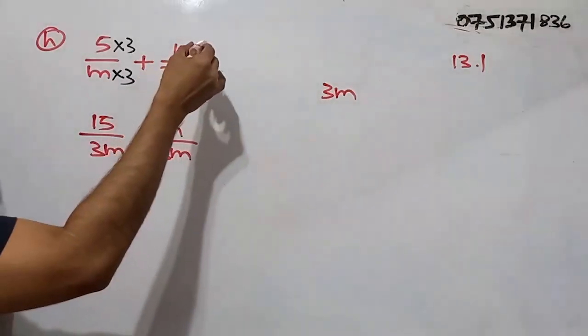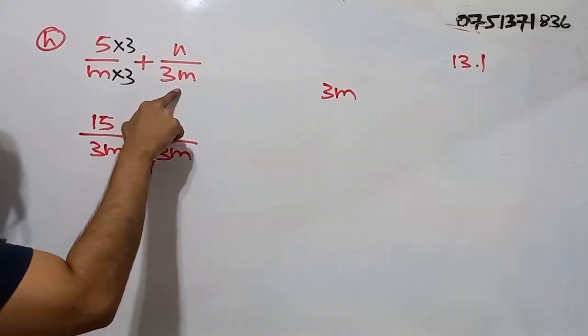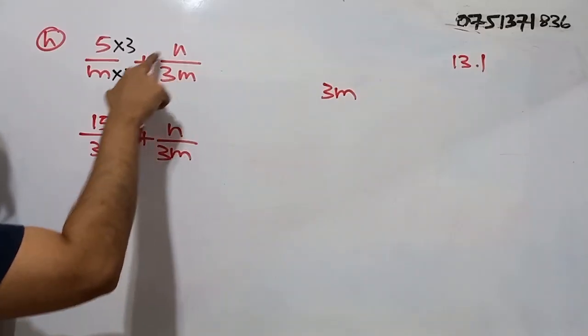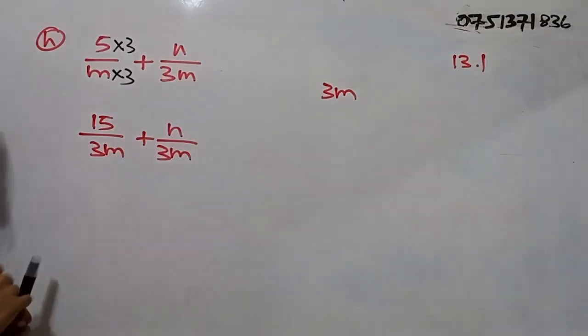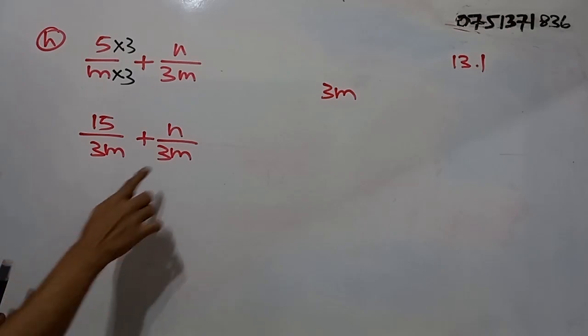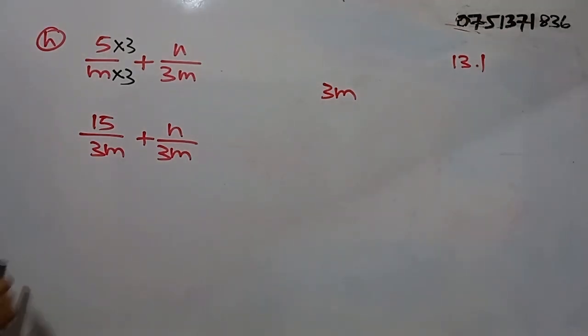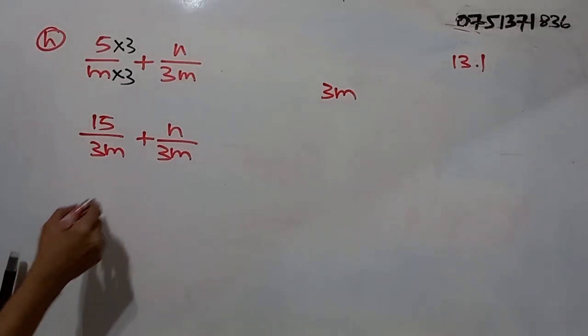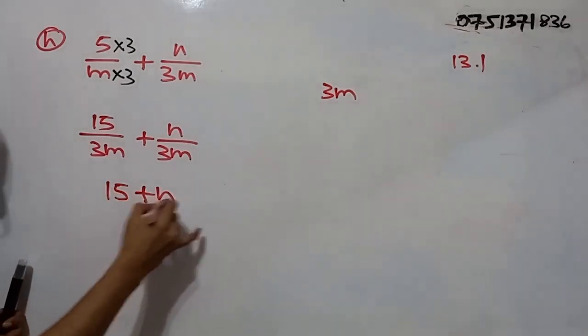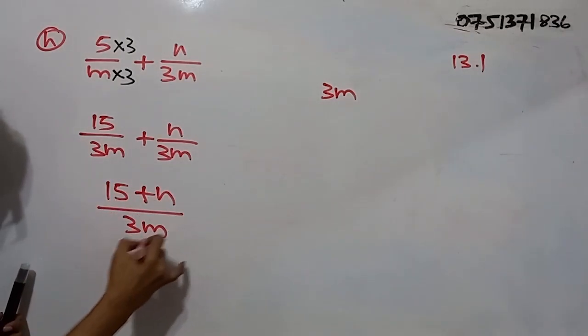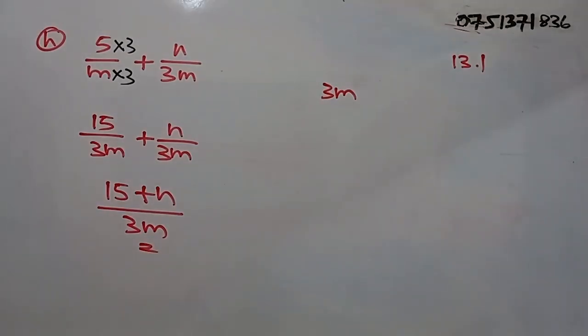In the next fraction, the denominator is already 3m, so we don't have to do any conversions. We can write it as it is. Then I can rewrite this same expression: 15 plus n, entire expression, divided by 3m. So that will be the answer.